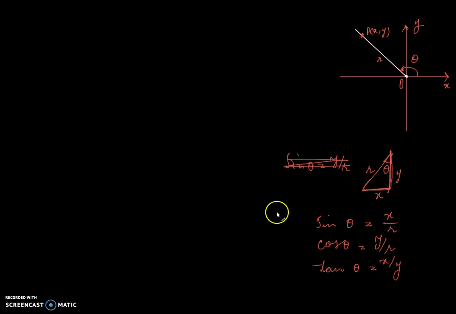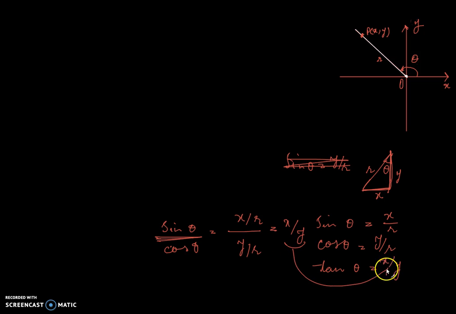If I divide sine theta by cos theta and substitute what we've gotten here, x divided by r divided by y divided by r, if you simplify this, you get x divided by y, which is the same thing as what I've gotten here.